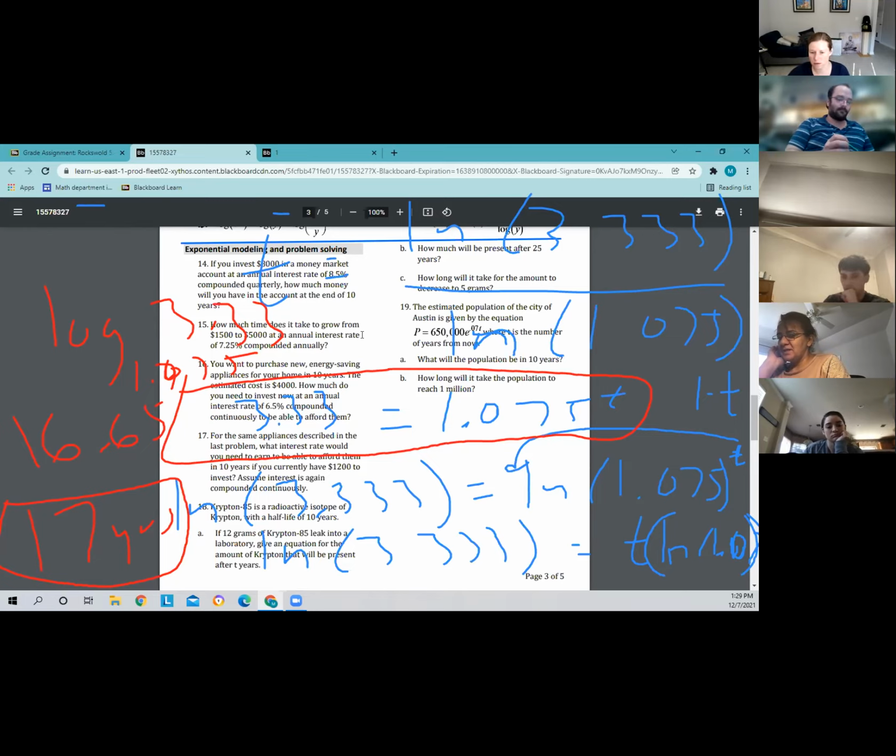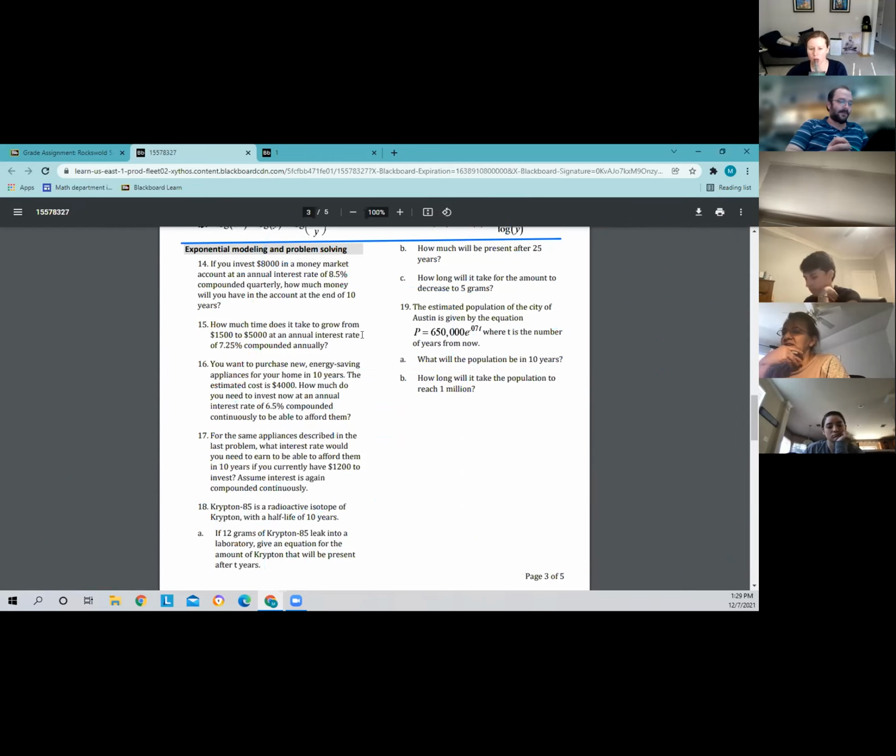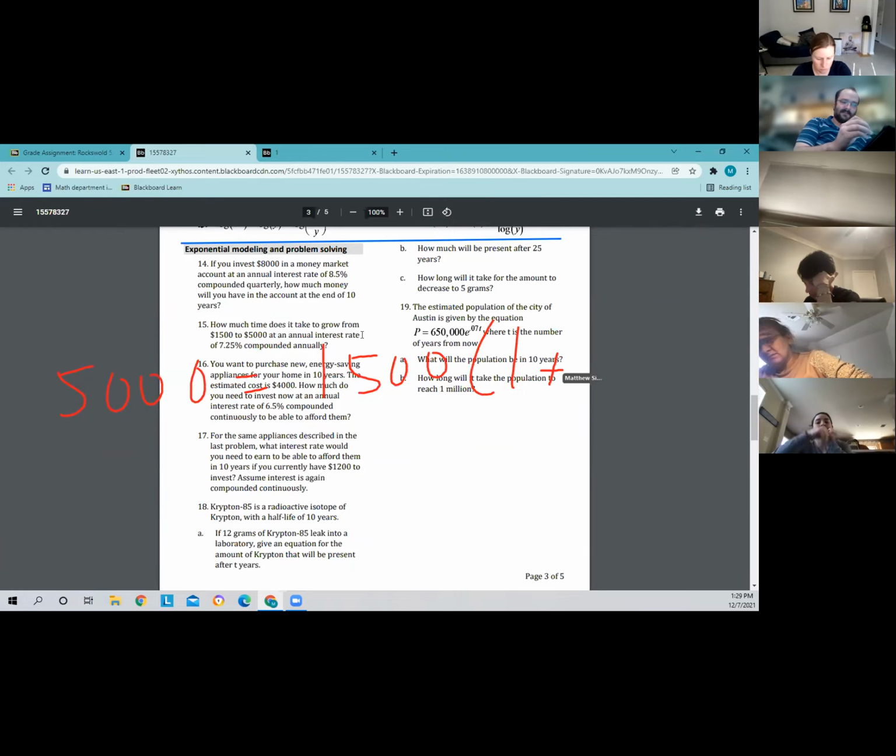Right? So this one we're solving for the exponent. When we see the formula, we see something like 5,000. This was my original formula, 1,500 times 1 plus 0.075 over 1, to the 1 times t.